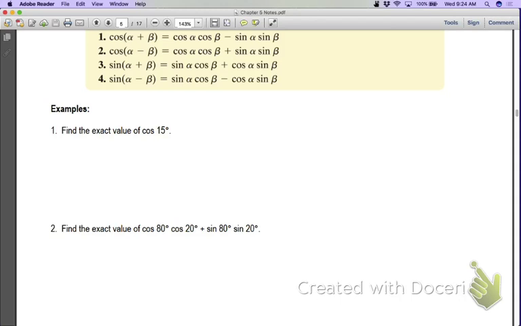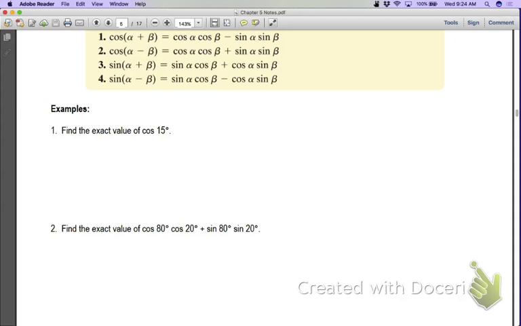So it's cosine of 80 degrees times cosine of 20 degrees plus sine of 80 degrees times sine of 20 degrees. Which of my 4 formulas am I going to use? The first, second, third, or fourth one? I've got to kind of go backwards, right?